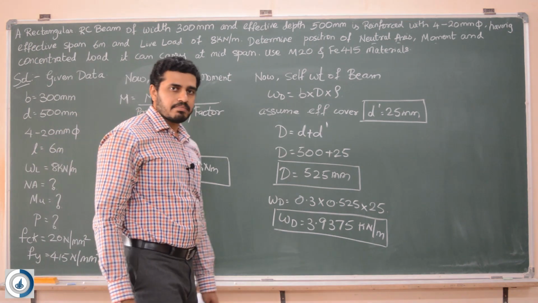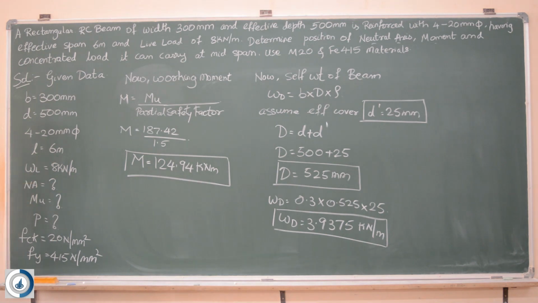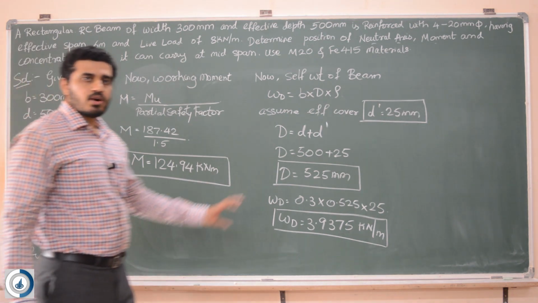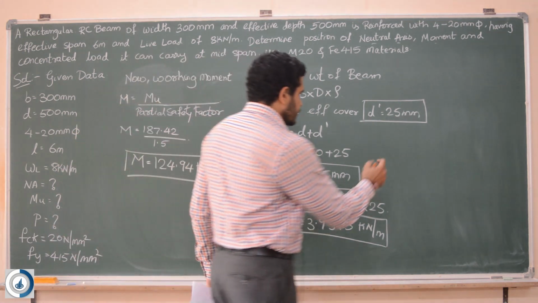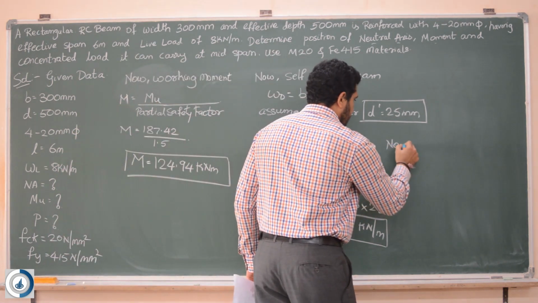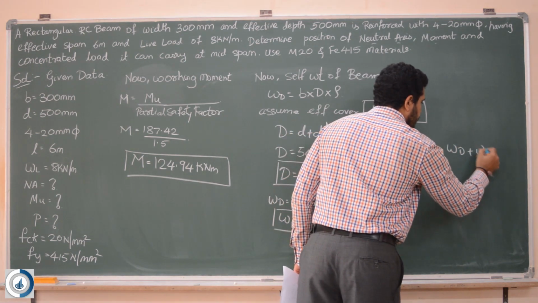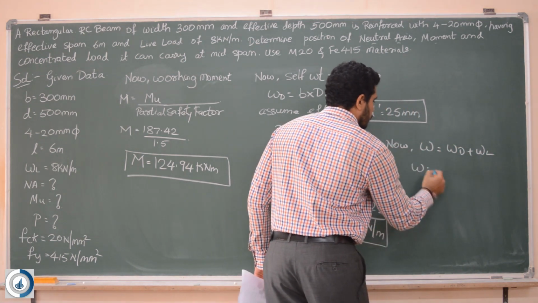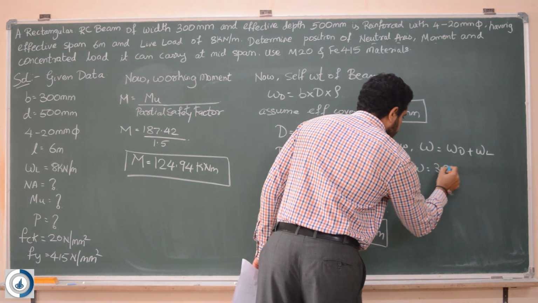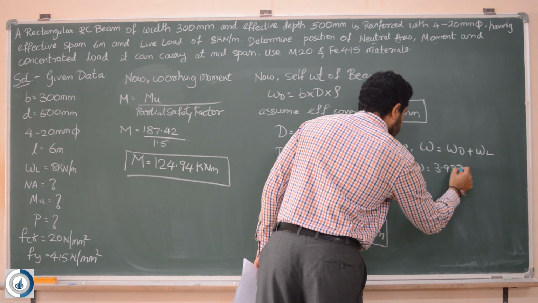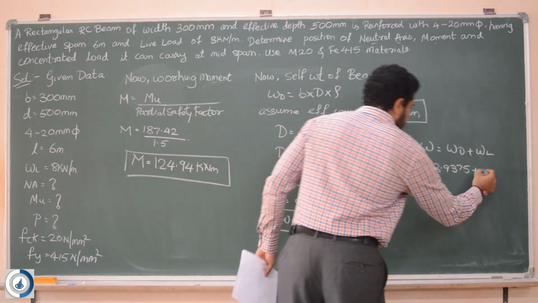Now the next step is to add this dead load and live load to get the overall load coming onto that particular beam, which is UDL. W equals WD plus WL. So W equals WD, which we just calculated, 3.9375, plus live load, which is given as 8 kilonewton per meter.